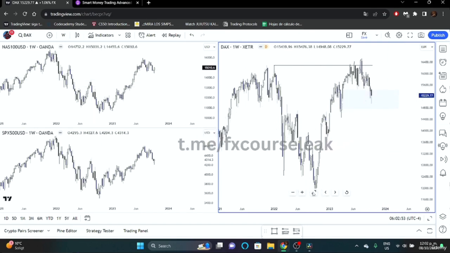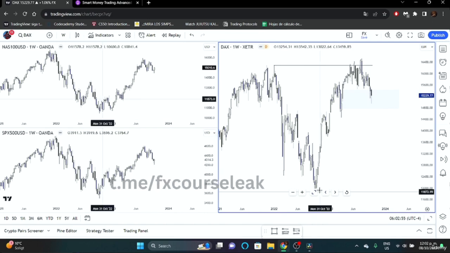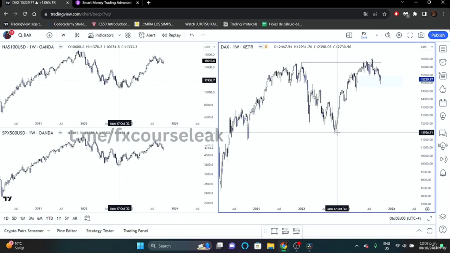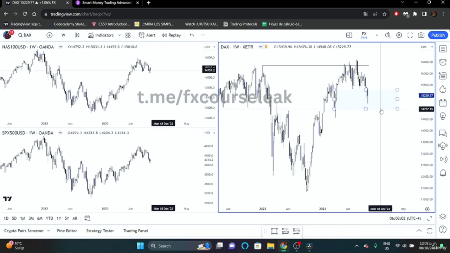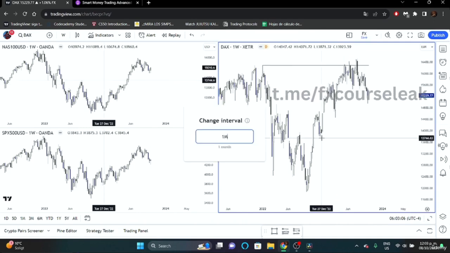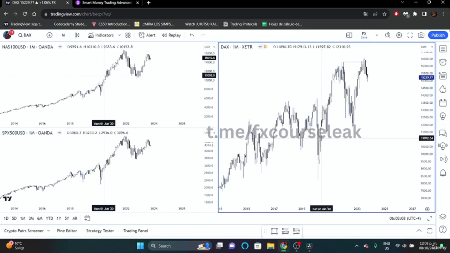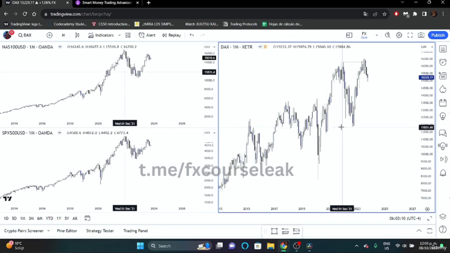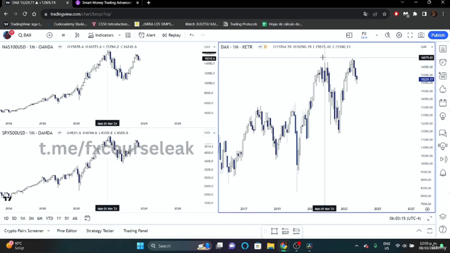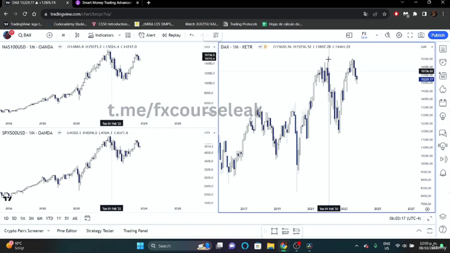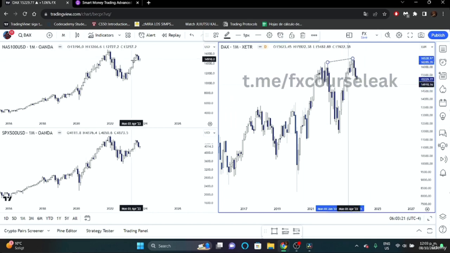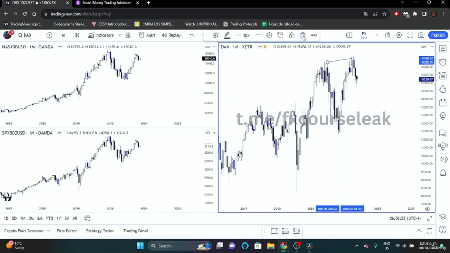I'm not saying we should get all the way here. I'm not saying that, but it's likely to, okay? At least here for the liquidity, because if we go to a monthly chart, I don't really use DAX for SMTs, but the DAX is making a higher high, and these ones are not really making a higher high, okay?